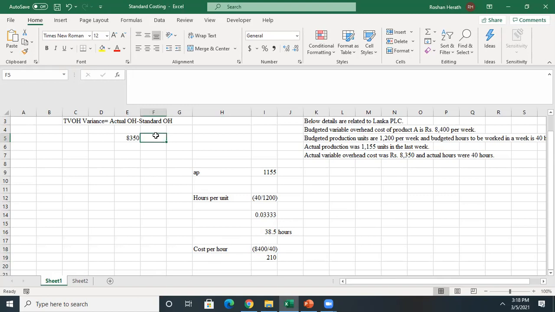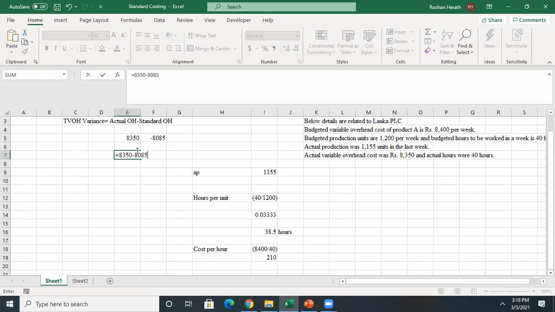Therefore, if you are to take the standard, it's 210 multiplied by 38.5. The actual overhead cost is 8,350, and the standard overhead cost is 8,085. So here the variance comes to 265.